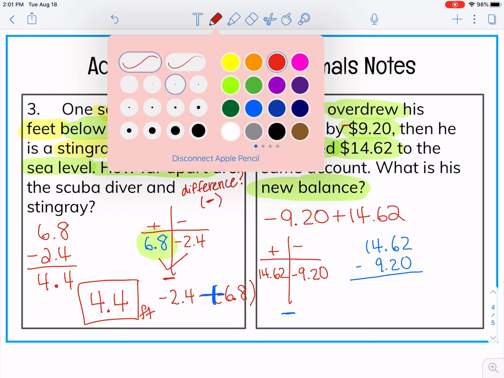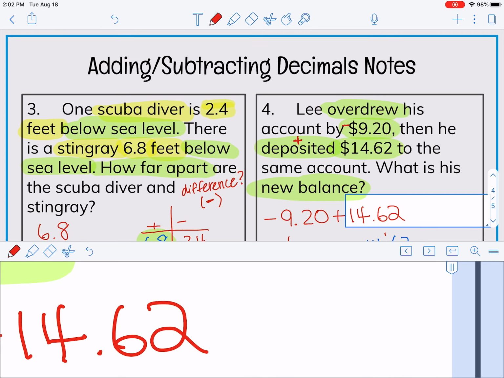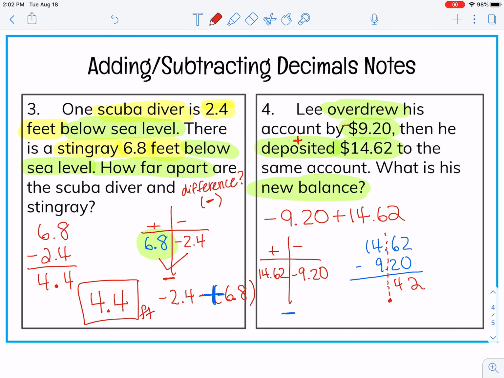Remember, we always have to align the decimal point. So now we can start our subtraction. 2 minus 0 is 2. 6 minus 2 is 4. 4 minus 9, we need to borrow and make it 14 minus 9, that's 5.